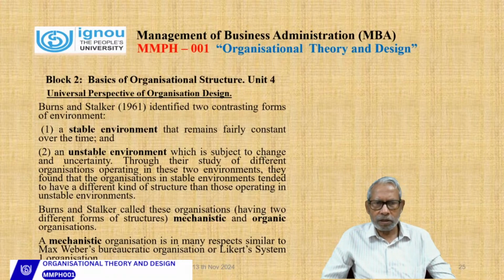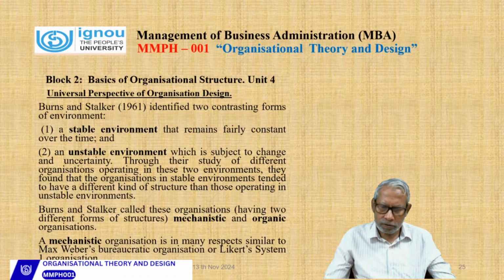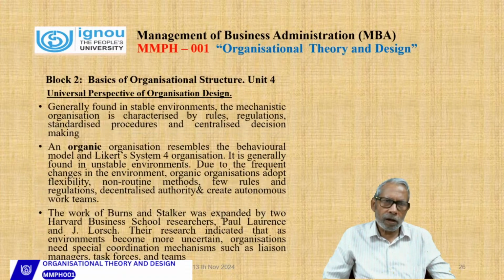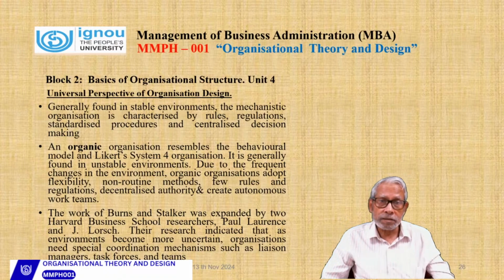Mechanistic organizations are in many respects similar to Max Weber's bureaucratic organizations, or we can say hierarchical systems organizations. Generally found in stable environments, the mechanistic organization is characterized by rules, regulations, standardized procedures, and centralized decision making.